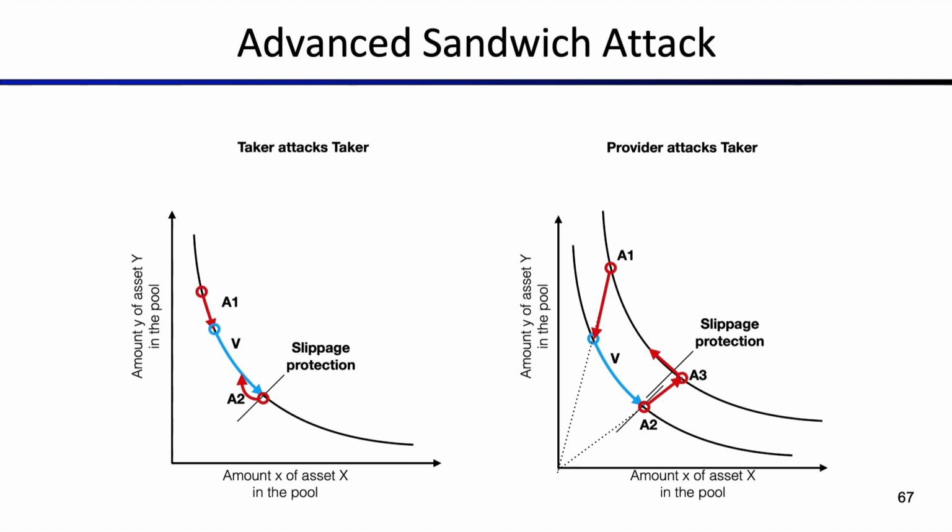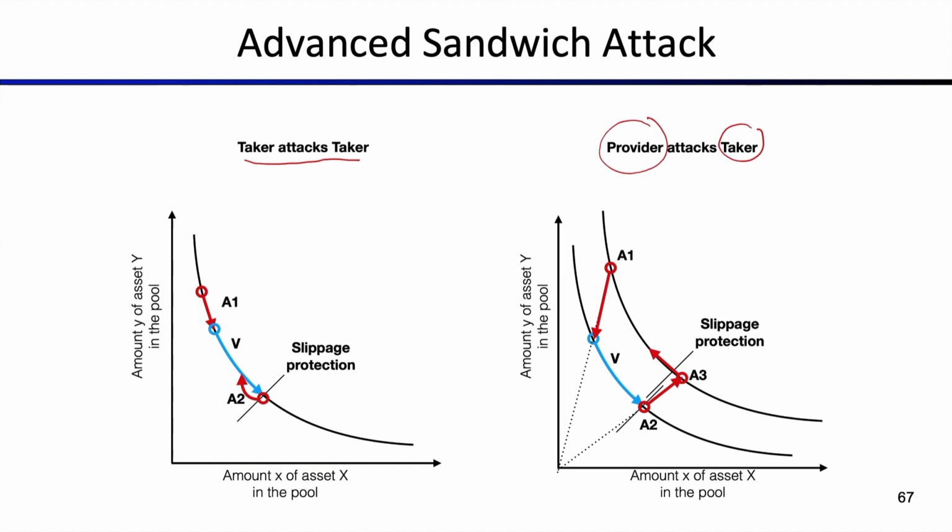A particularly advanced sandwich attack would be where a liquidity provider attacks a taker. So far, what we've looked at is a taker attacking a taker, so a trader attacking another trader. But in an AMM, we do have liquidity providers, or LPs for short, right? They add and they remove liquidity.